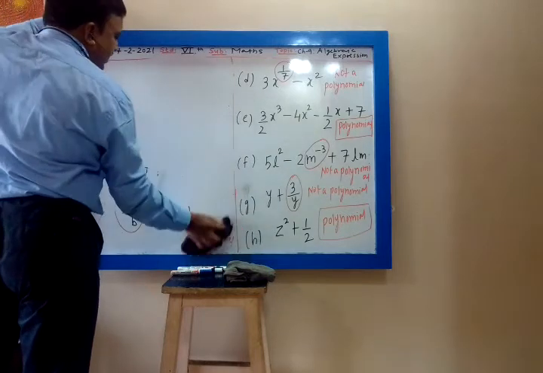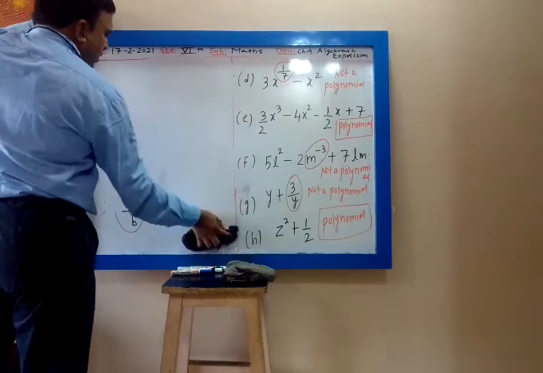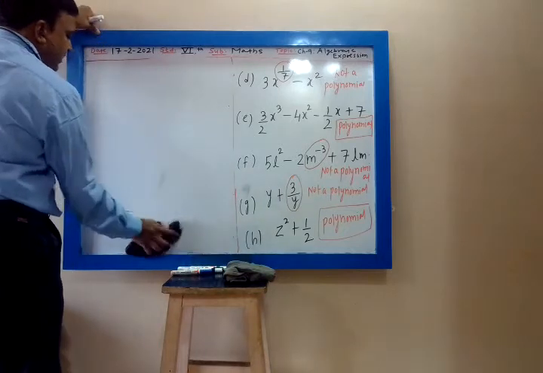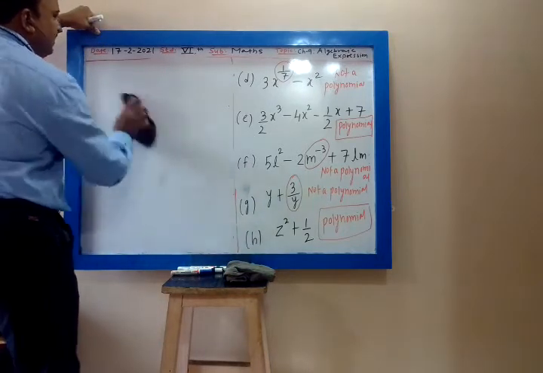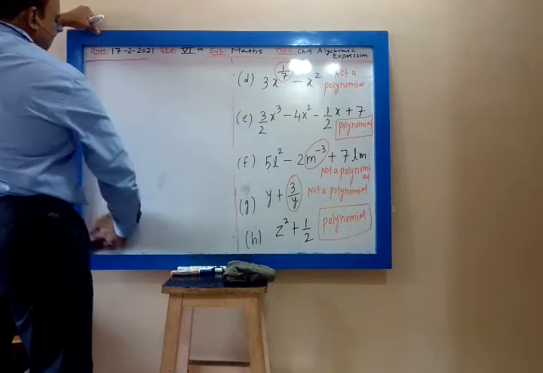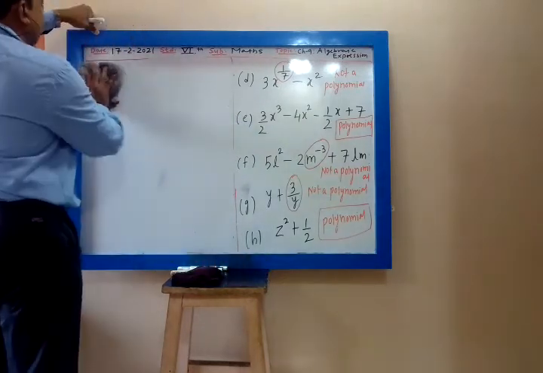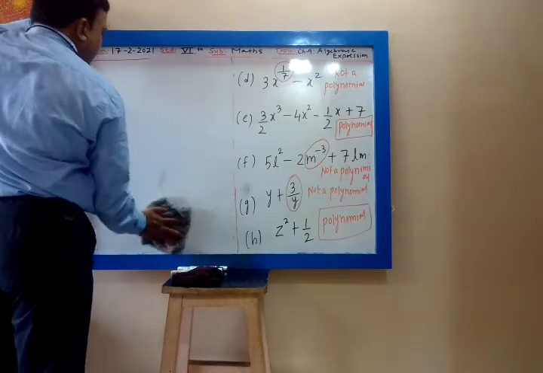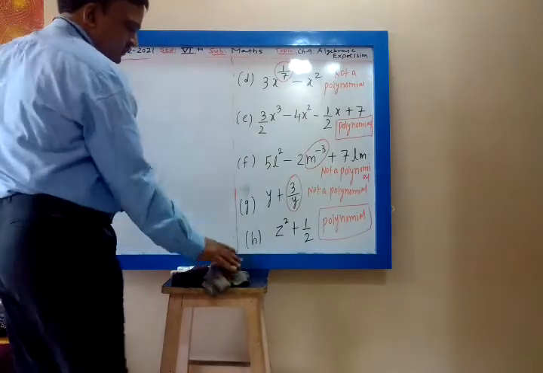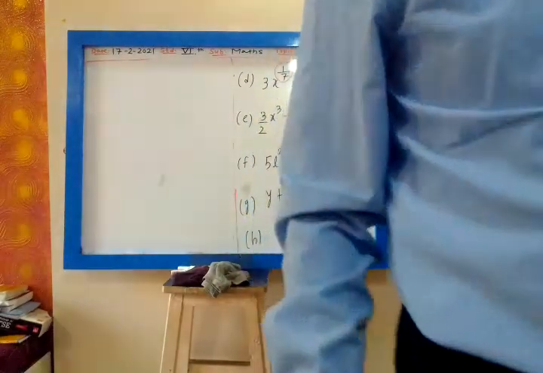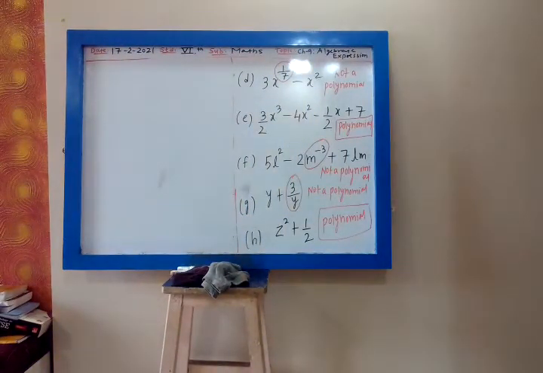If the power of the variable is negative or the variable is in the denominator, then in both cases it is not a polynomial. It is very much clear, right?